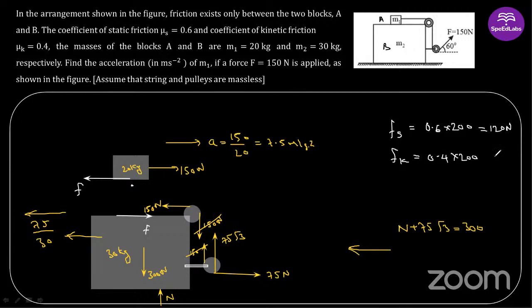Now, let us say that static friction is applying between them. If static friction is applying, there shouldn't be any motion. So if static friction is 120 Newton, if 120 applies on this entire thing, this is going to move towards the right again, because it just has an overall force of 75 Newton in that direction. What if this is just 75 and static? If this is 75, then this is stationary, but this will move, right?